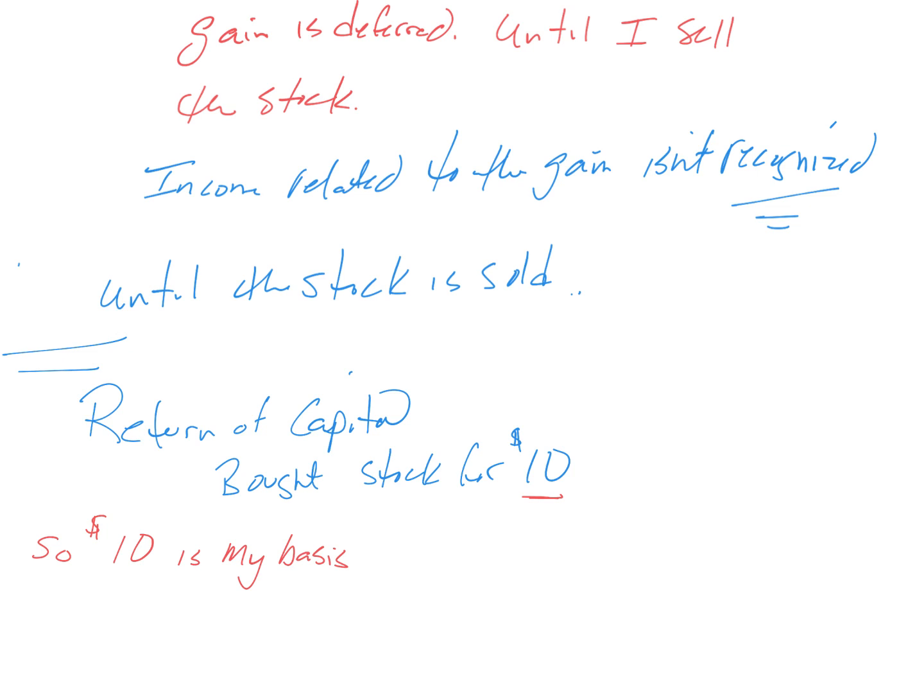And so if I were to sell that stock for $10 then, okay, it would not have gained anything, and my return of that original $10 investment would not be a taxable event. Okay? So I would not have to worry about tax on return of capital. Okay?